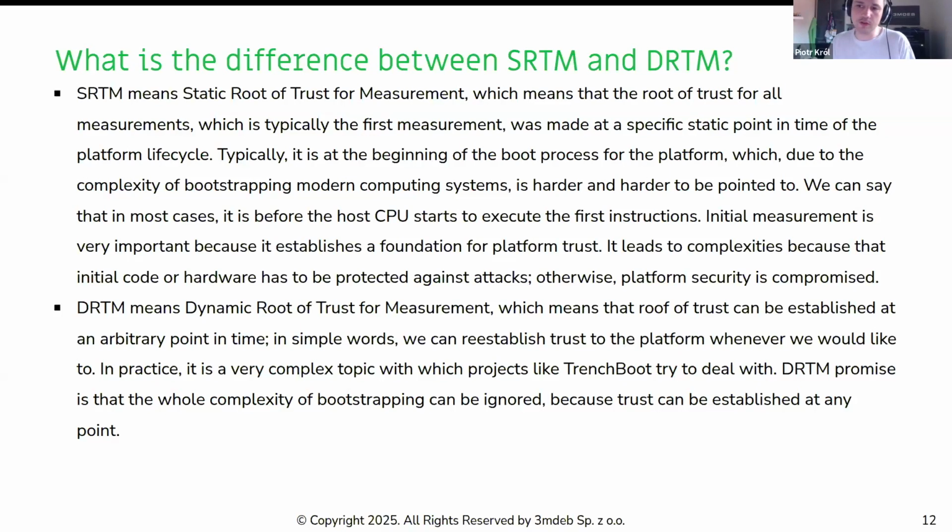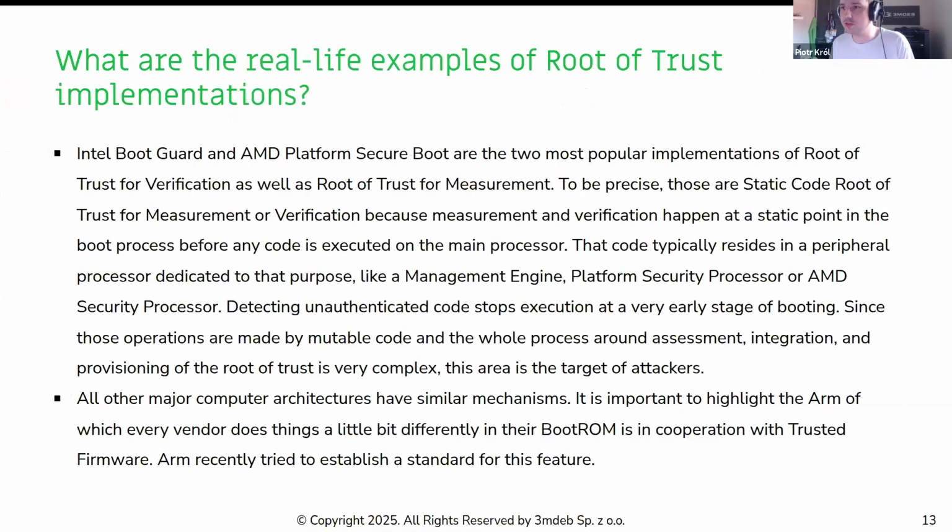From that point, you can, for example, verify if all other software running on the platform is intact. Of course, it is much more complex in practice, but in theory, it looks like that. There are even patches, I guess the 13th or 14th version of patches, to the Linux kernel, done by Oracle, Apparatus Consulting and 3mdeb, a company I'm founder of. So I hope this technology will become more and more popular soon, despite being already quite old.